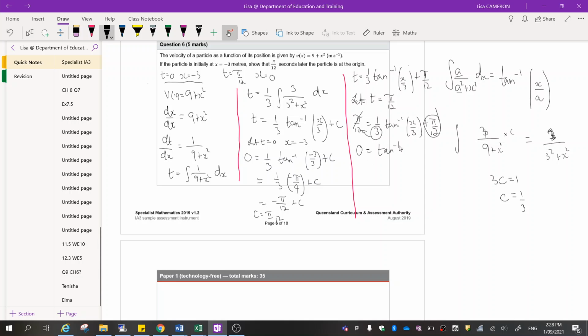So now I've just got 0 is equal to tan inverse of x over 3. I take the tan across: tan of 0 is equal to x on 3. Tan of 0 is 0 as well, so x on 3 is 0. And then I'm finally left with x equals 0 when I take the 3 across. So therefore I have proved that it's back at its origin.